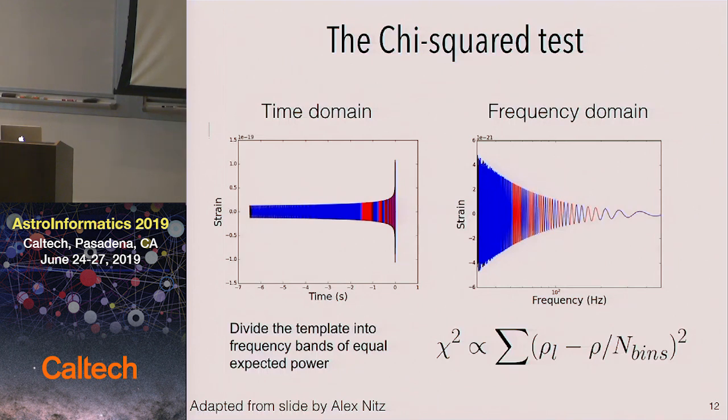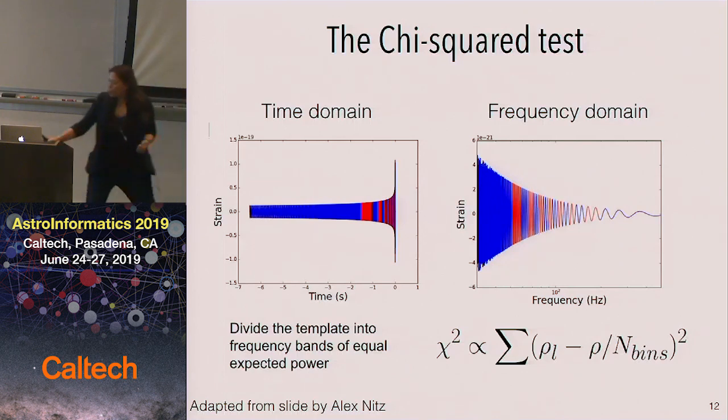Then your chi-squared is defined as the sum, for each of these portions, of how much SNR you see in that portion compared to how much you expect to see. If this were a really loud glitch, I would get a very high chi-squared value. If it's a true signal and it behaves exactly as I would expect my model to behave, I'll get a chi-squared of 1.